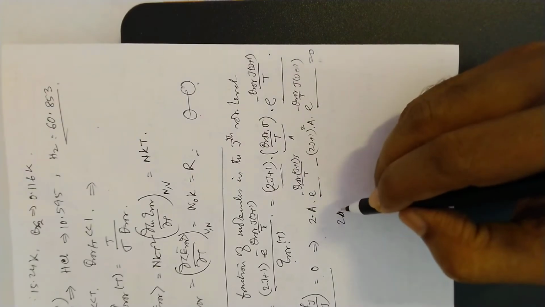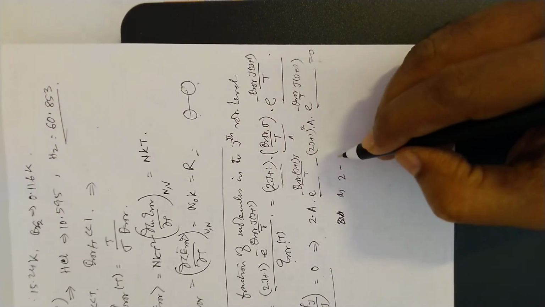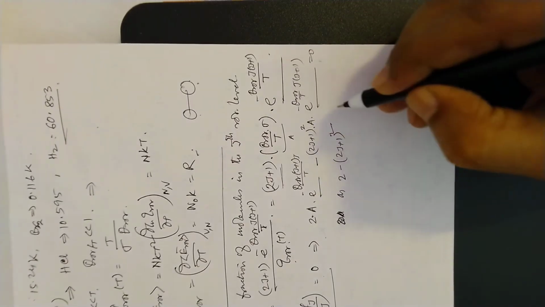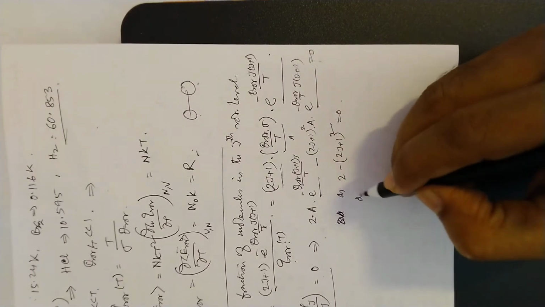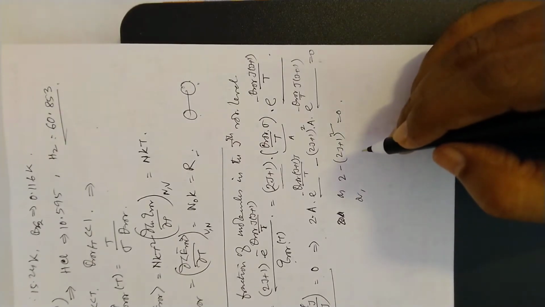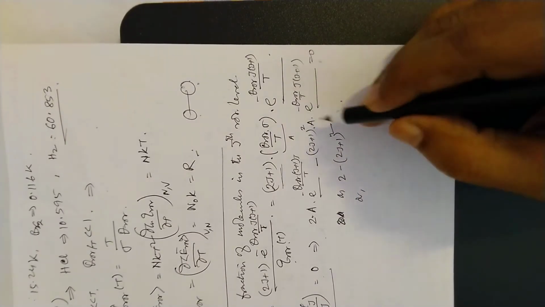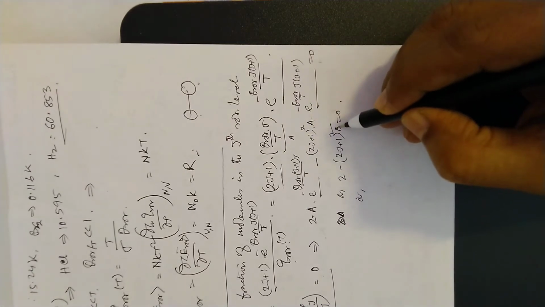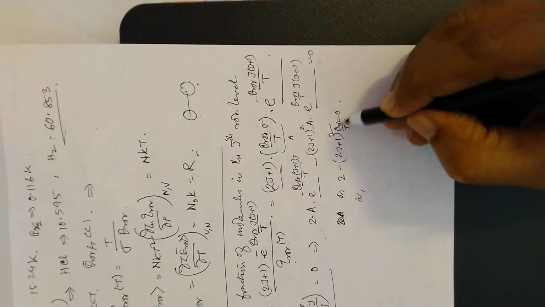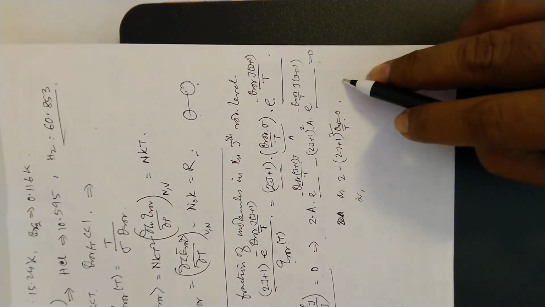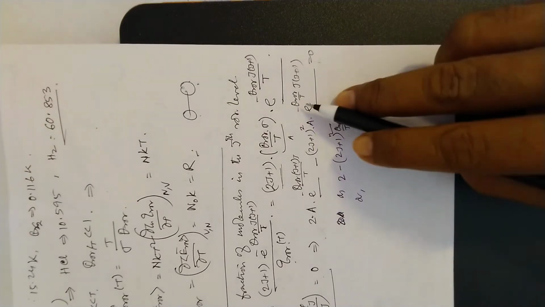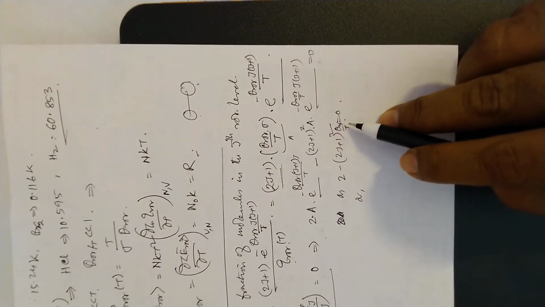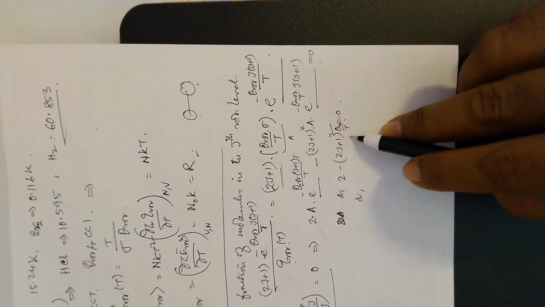A also is not 0, so you can take it out, so 2 minus theta rotational by T times 2j plus 1 whole square equals 0. Taking it to the other side, this is right, so it is 2T.